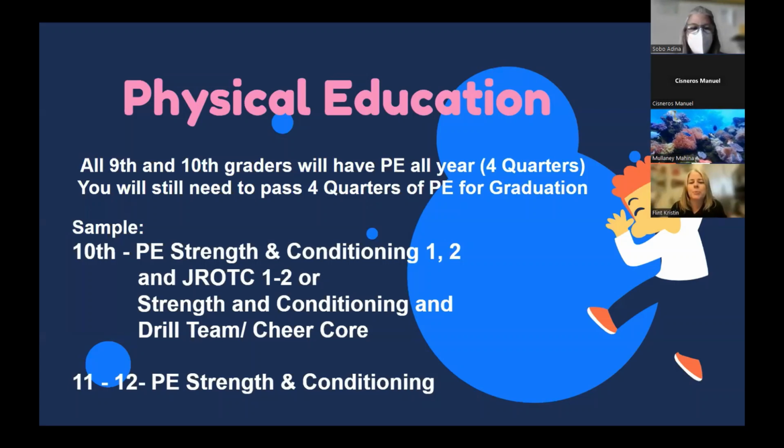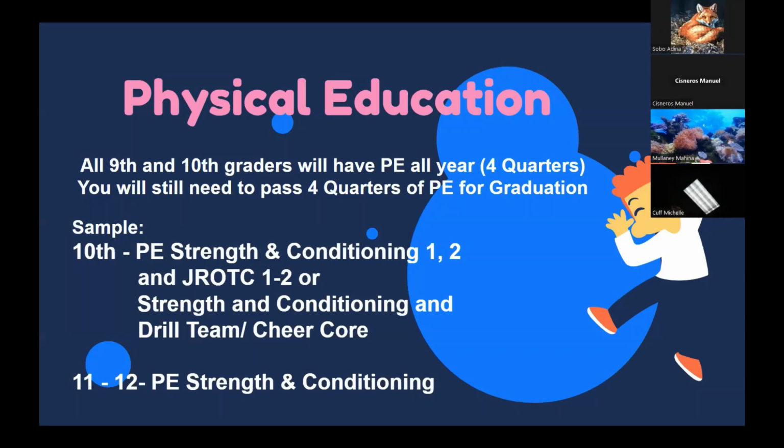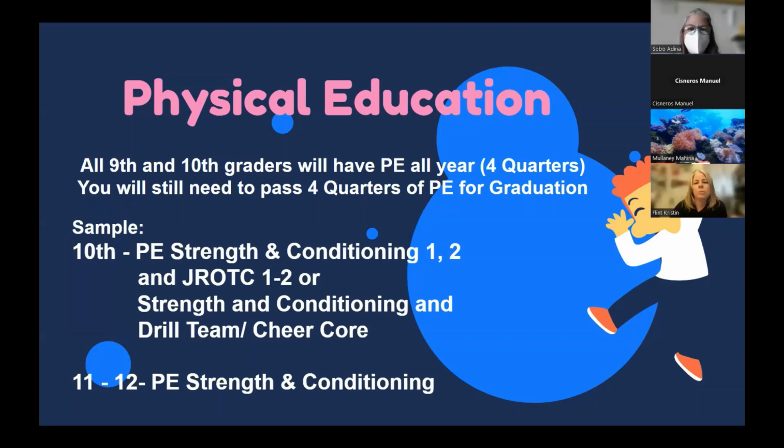Ms. Sobo. Can someone unmute Ms. Sobo? There we go. I have a student who is looking for the unified PE course and we could not find it under PE. Okay, so the unified course, we are using the 5755 course number.